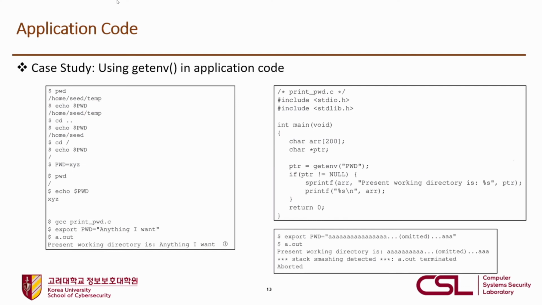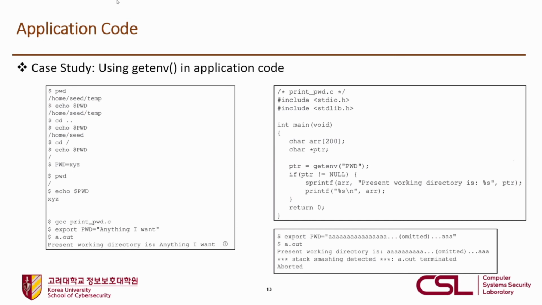Then a pointer pointing to the returned value is stored in the ptr variable. Then using the sprintf function, the string value including the value pointed to by the ptr pointer is copied into the arr variable and proceeds with printing.